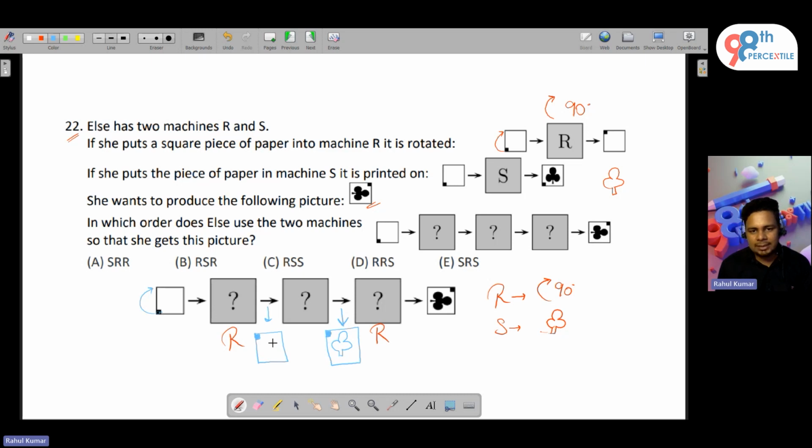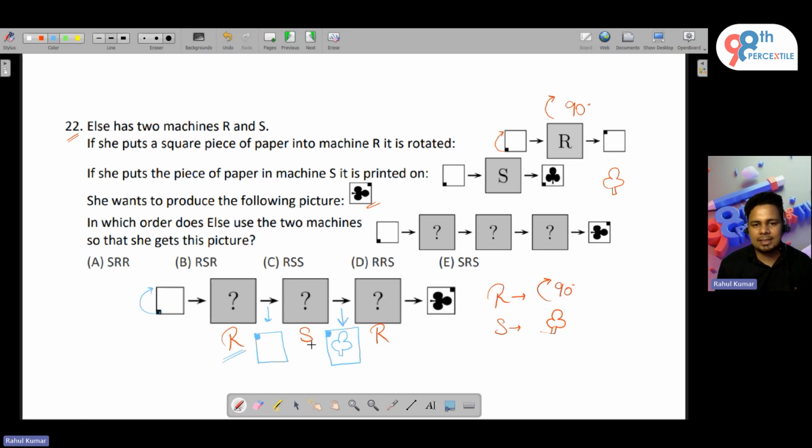Now, if you compare this with this one, we can clearly see the dot is in the same place. We just need this image printed over here. And how can we do this? By putting it in the S machine. If we put it in the S machine, we will just have this part shaded. So this is how we can solve this.